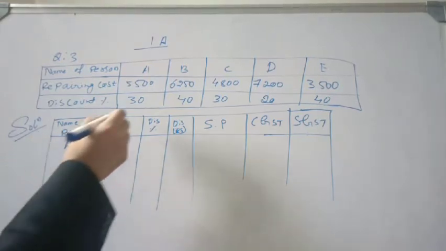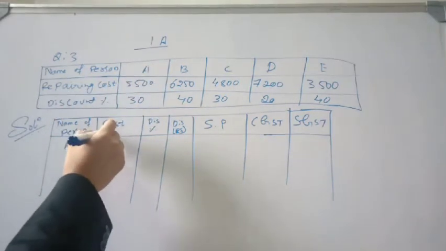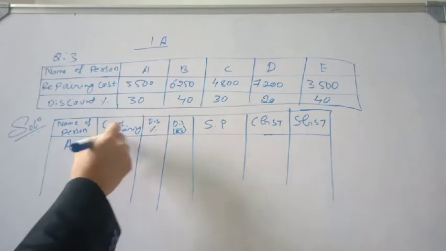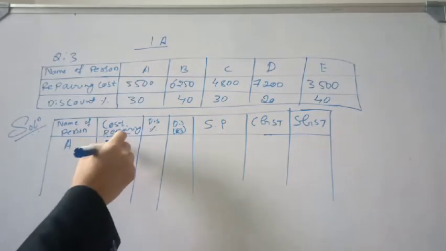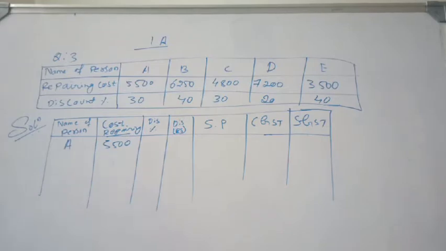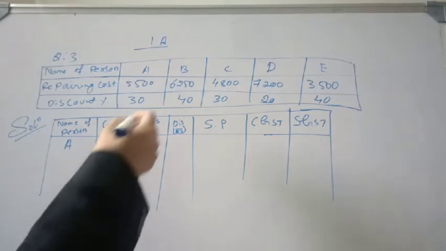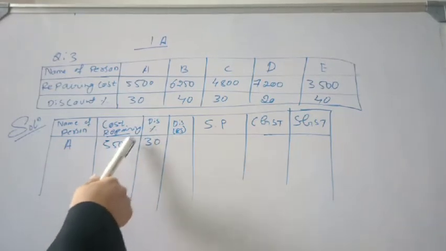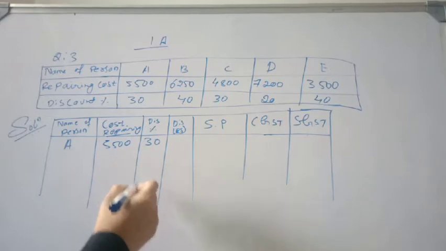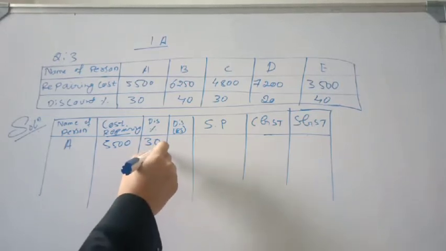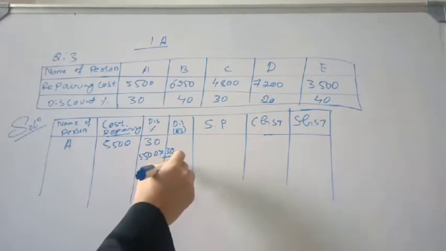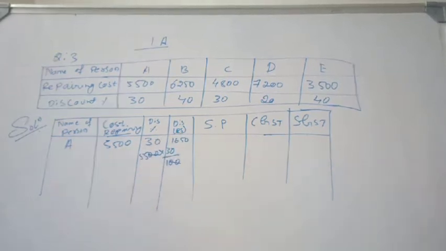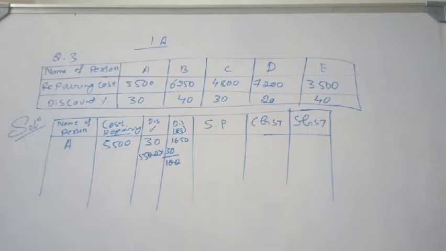So the first person is A. The repairing cost for A is 5,500. The discount percentage given is 30%. So 5,500 into 30 upon 100, the zeros get cancelled. 55 into 30 gives 1,650 as the discounted amount.